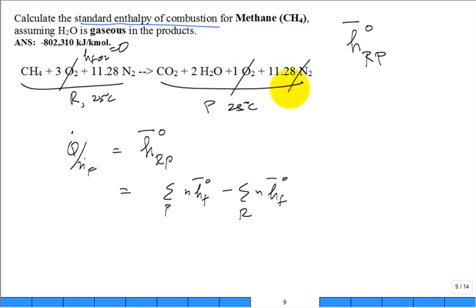The enthalpy of formation of nitrogen is 0. So basically, for the products, you'll get 1 times the enthalpy of formation for CO2, and 2 times the enthalpy of formation for the H2O.